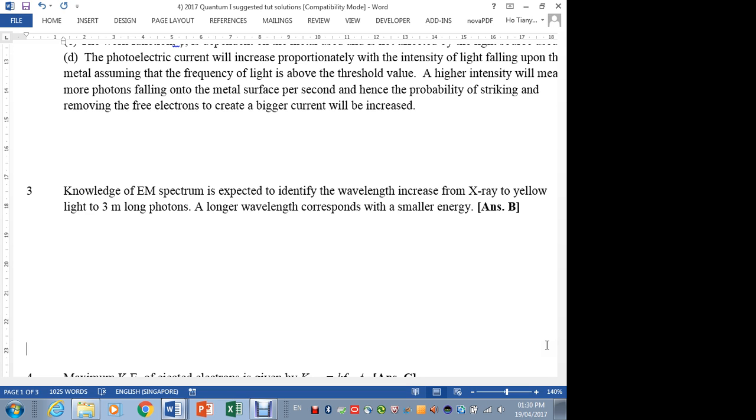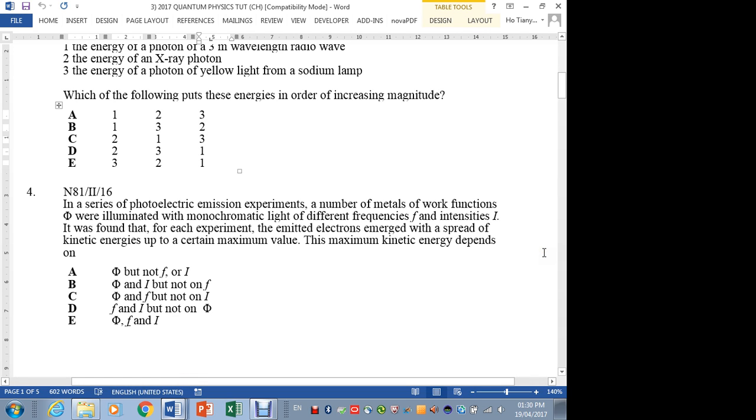Alright, so number 4. Can you try? Number 4, you must use Einstein's equation and try to solve this. Okay? 2 minutes, go.